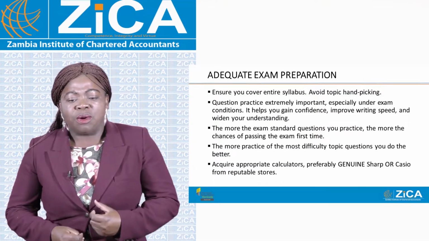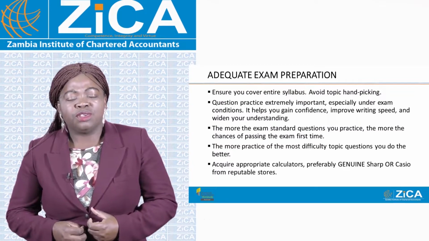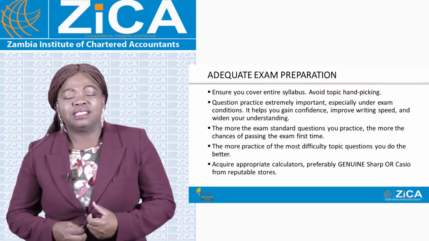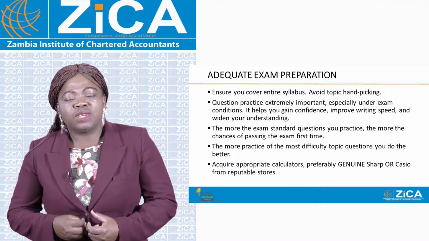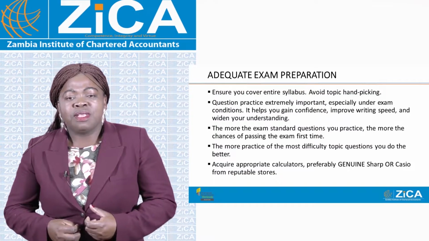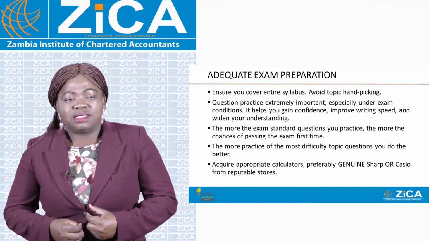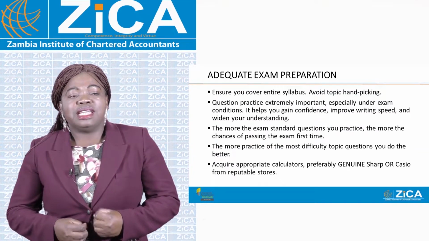By doing so, you tend to improve your writing speed and the efficiency with which you write in the exam, because you will have done your revision under these exam conditions. When you don't do this, there is a danger.